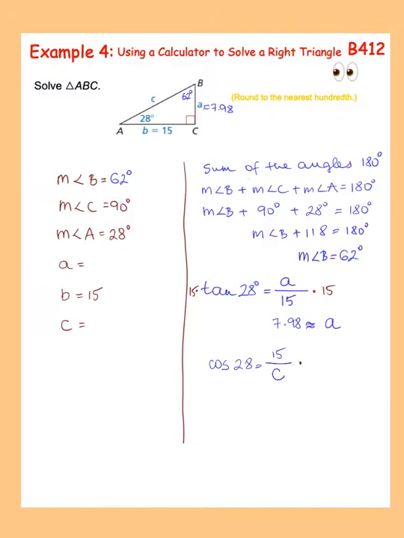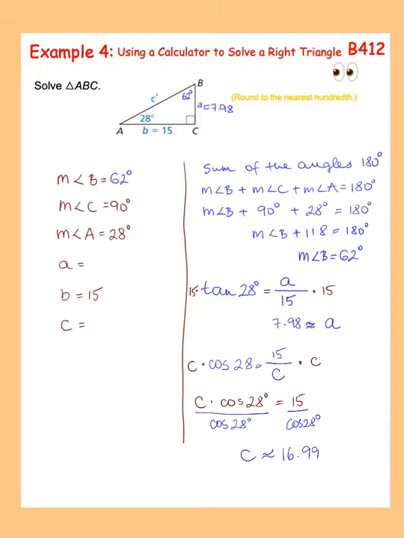So what I'll do is I'll multiply both sides by C. Then I get C times cosine of 28 degrees equals 15. And last, I am going to divide by cosine of 28 degrees. So C will be approximately 16.99.